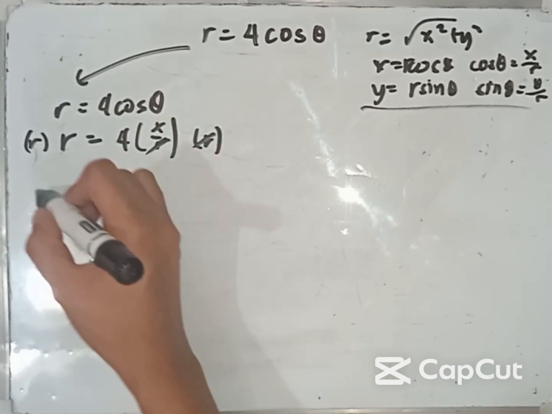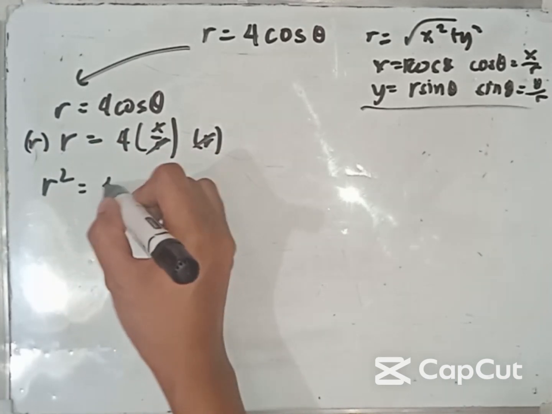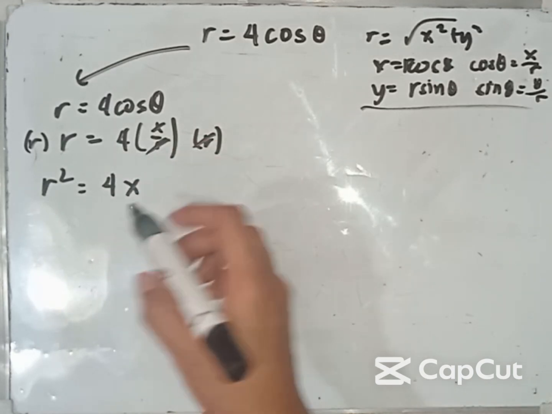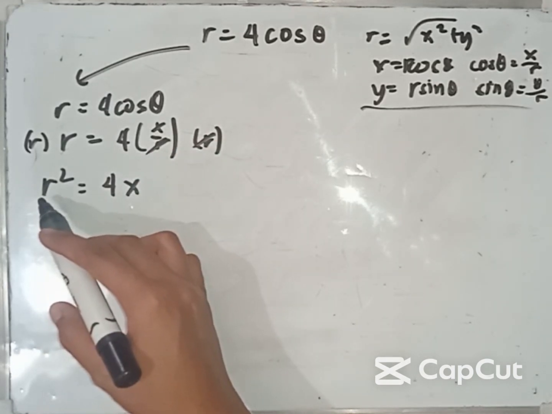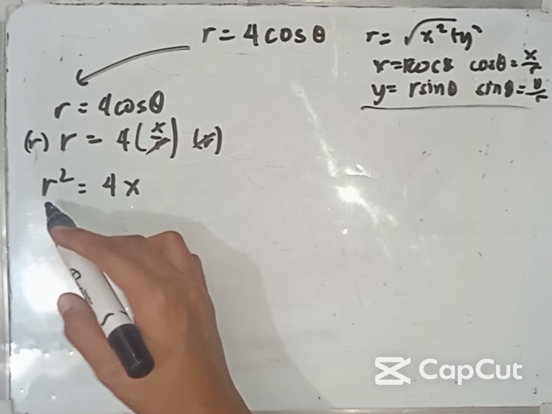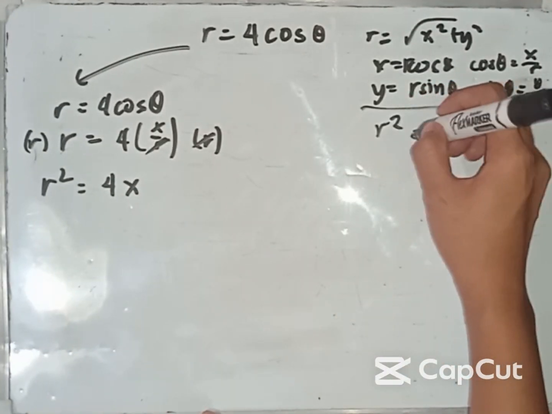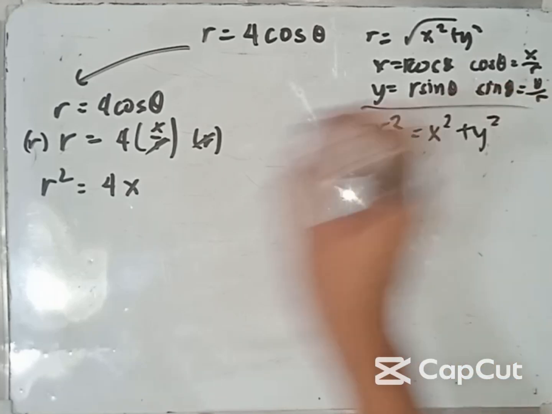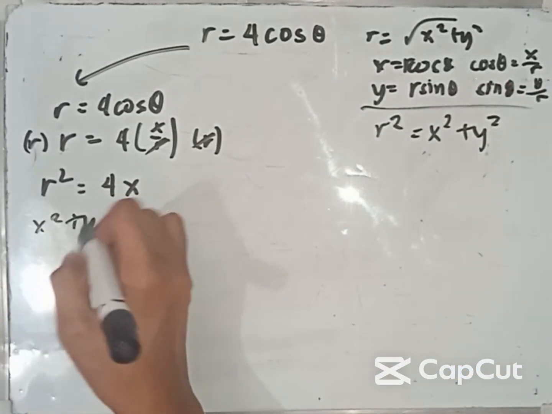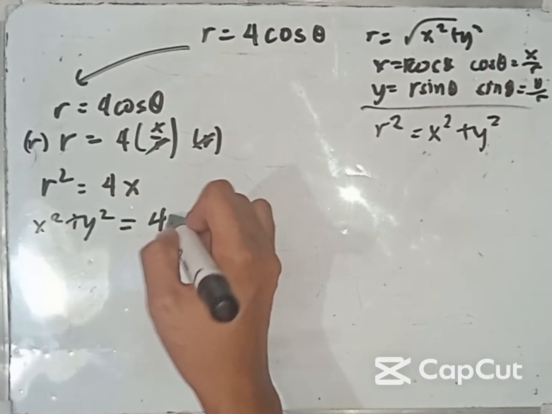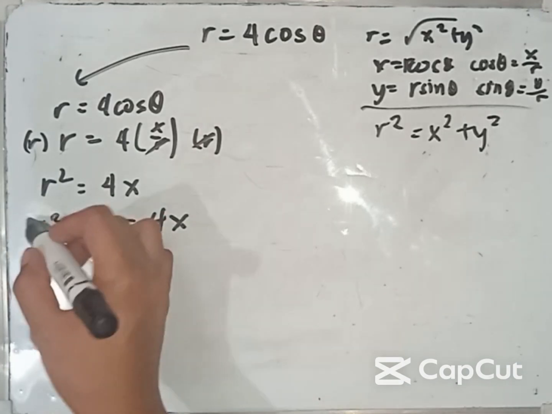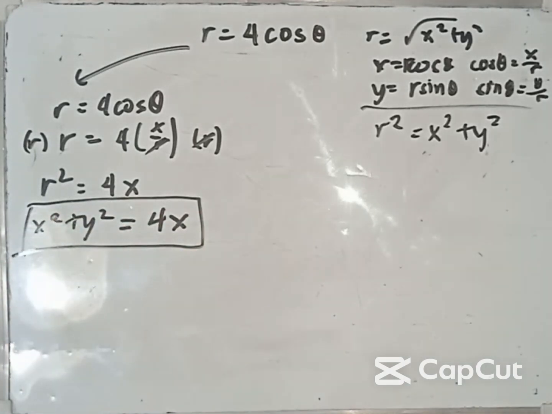This would give us r squared is equal to 4x. And r squared can also be written as x squared plus y squared. So let's rewrite this: x squared plus y squared is equal to 4x. So therefore, this would be our rectangular equation now.